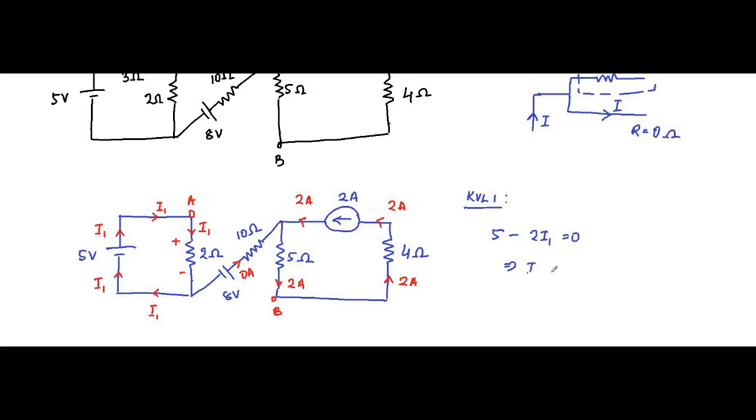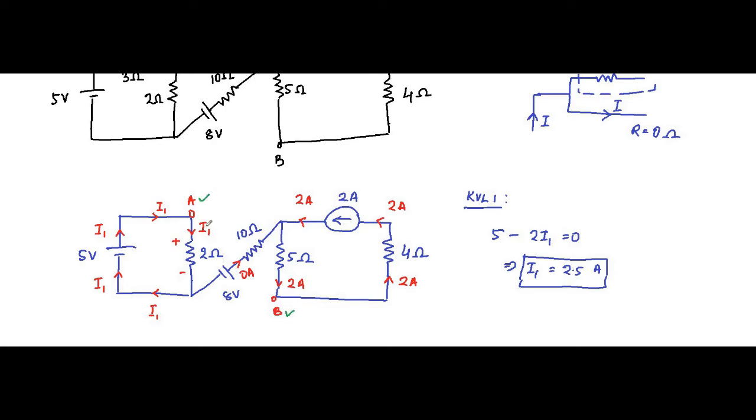That implies I1 is equal to 2.5 ampere. Then here it is 2 ampere, already we know 2 ampere is flowing through this 5 ohm resistor. So now we have to simply apply point to point KVL from point A to B.